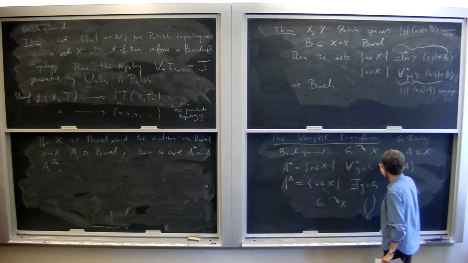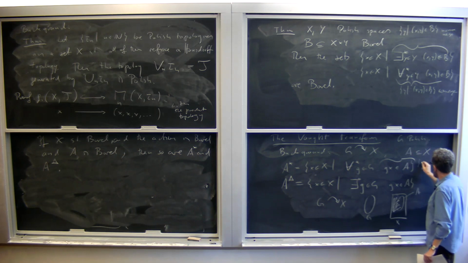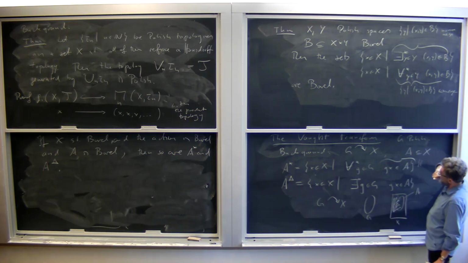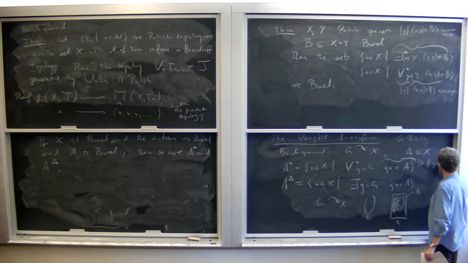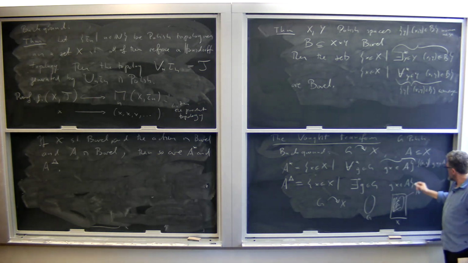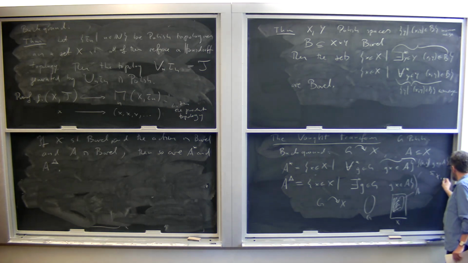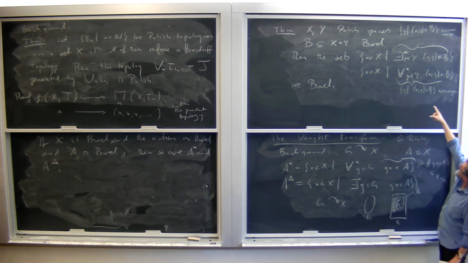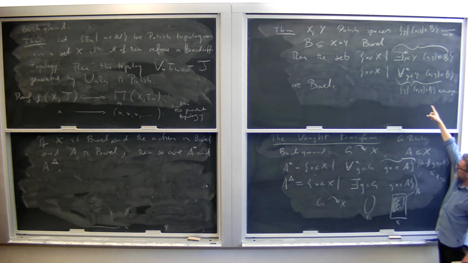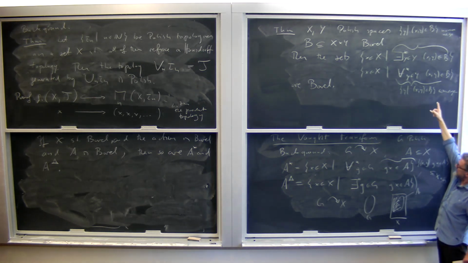In that situation you are looking at the set of all pairs (x,g) such that gx is in A. In both situations we are looking at this subset of X cross G. If the action is Borel and A is Borel, this is a Borel subset of X cross G. Then, with X equal to X and Y equal to G, I'm looking at the second set here and the first set there.